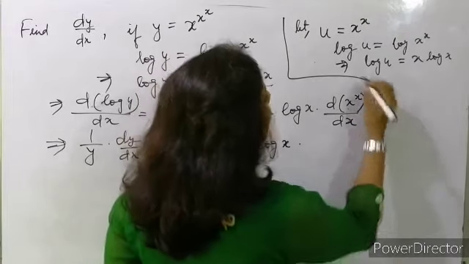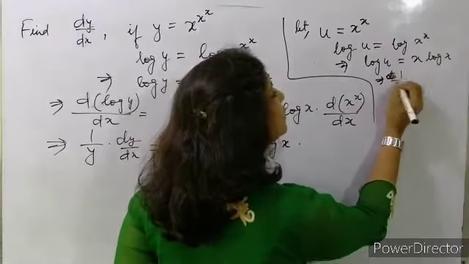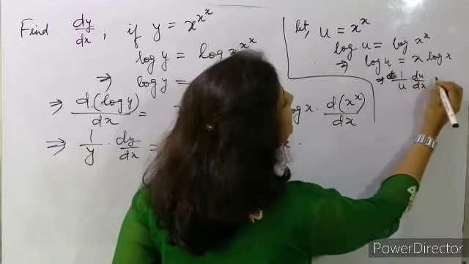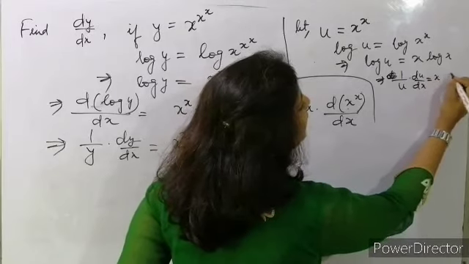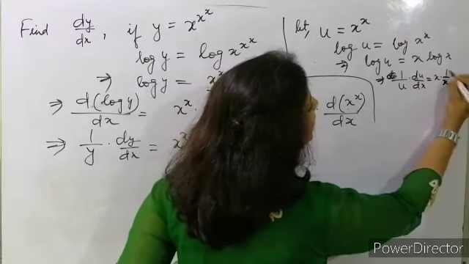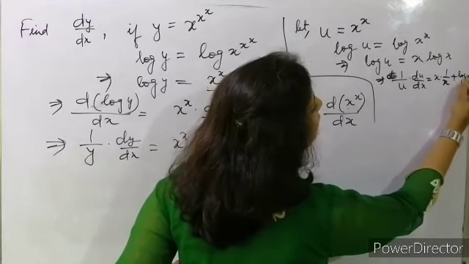Okay, now applying this, 1 upon u divided by du upon dx is equal to x into log of x, which we will differentiate. Now again we'll keep this constant and differentiate this, we'll get log of x.